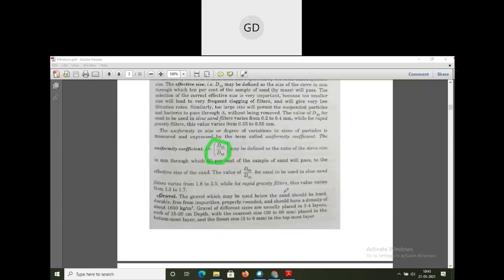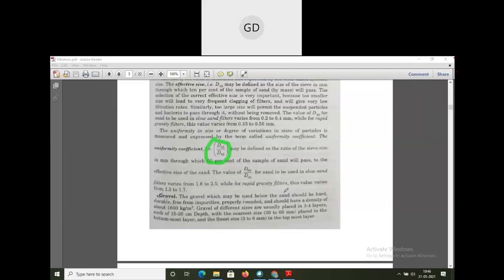How is it defined? It is defined as the ratio of the sieve size through which 60% of the sample of sand will pass to the effective size of the sand. D10 we have learned: only 10% of the sand can pass, and D60 is where 60% of the sample of sand can pass. This D60 by D10 has a value for slow sand filters and for rapid gravity filters.